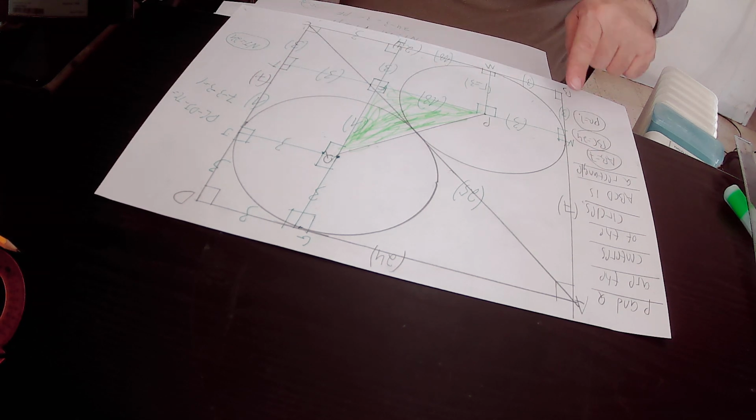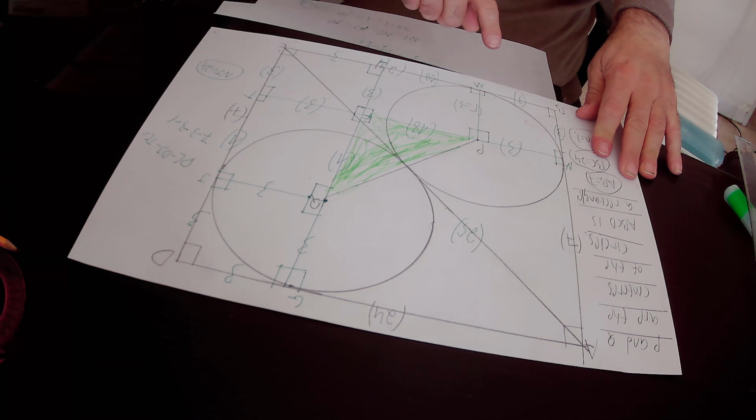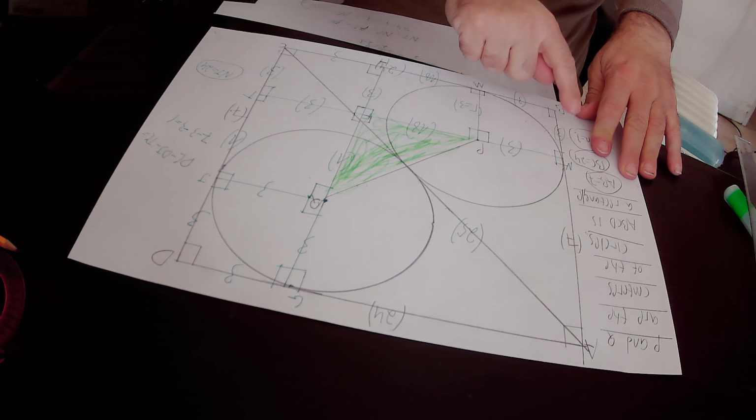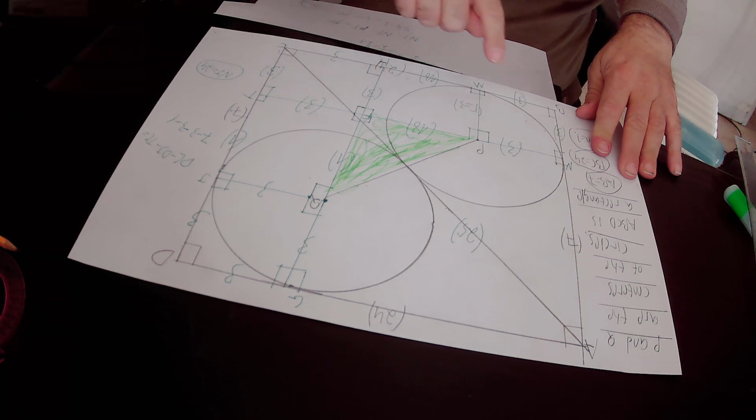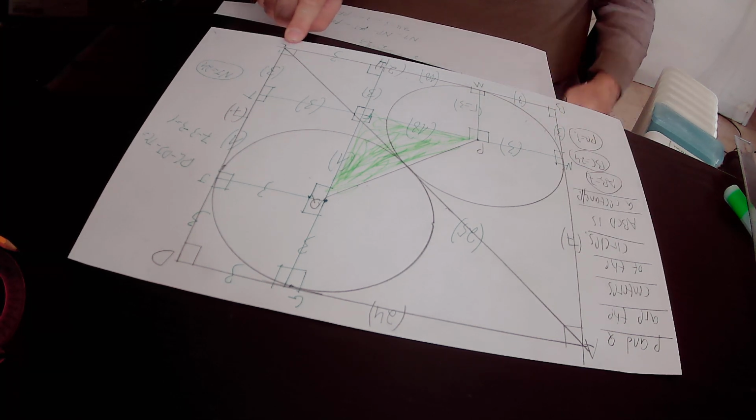Then we extended the radius NP by a straight line until it touches the side DC at point T. Inside quadrilateral NBCT we have 1, 2, 3 right angles. This angle equals 90 degrees because ABCD is a rectangle.